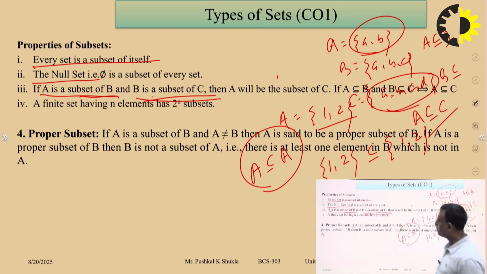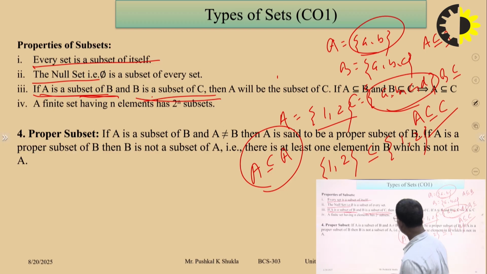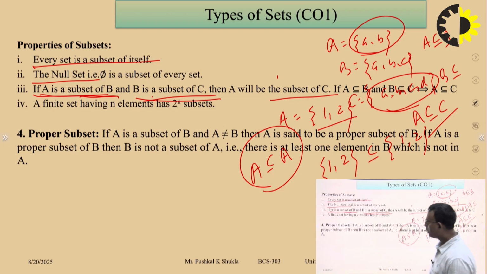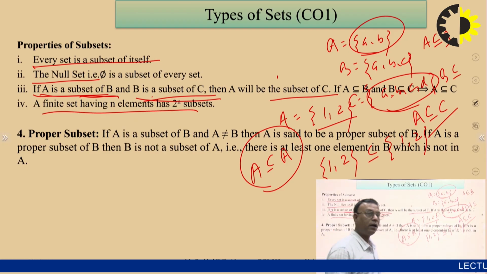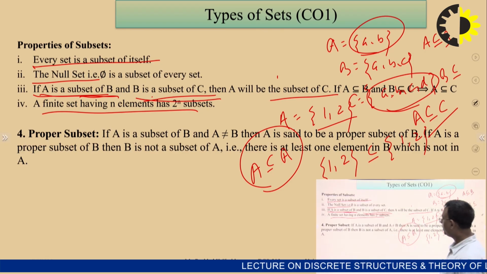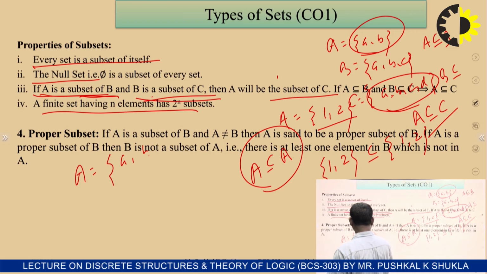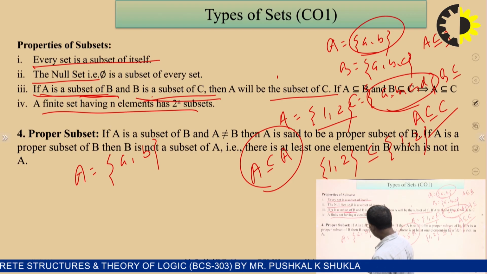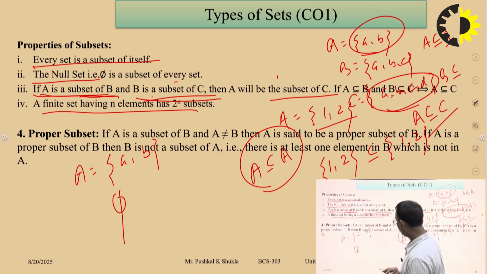So the third property is, if A is a subset of B and B is a subset of C, then A will be a subset of C. And next, fourth is a finite set having n elements has 2 to the power n subsets. We can see by examples. Suppose A equal to the set having a and b. So the subsets are, first, phi is a subset of every set, so the first element should be phi.